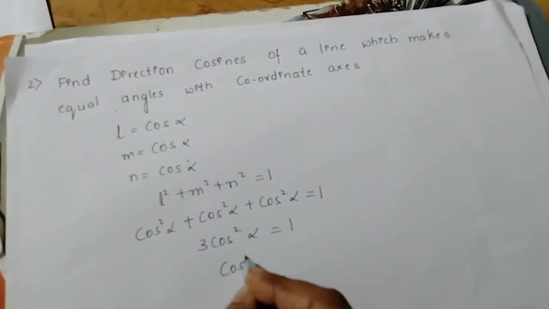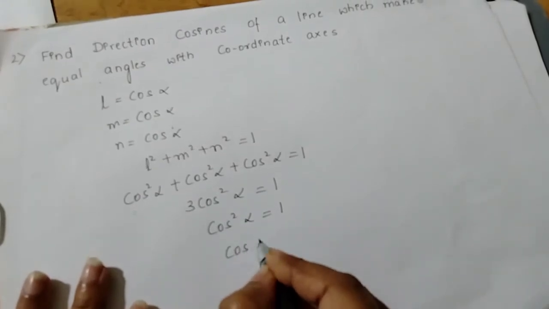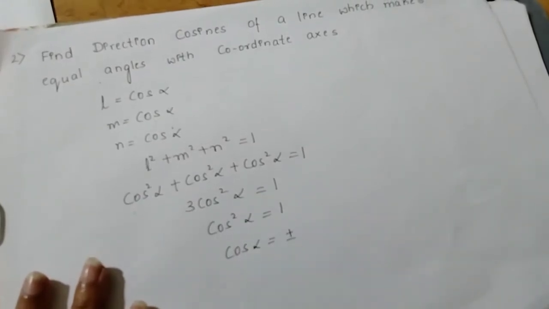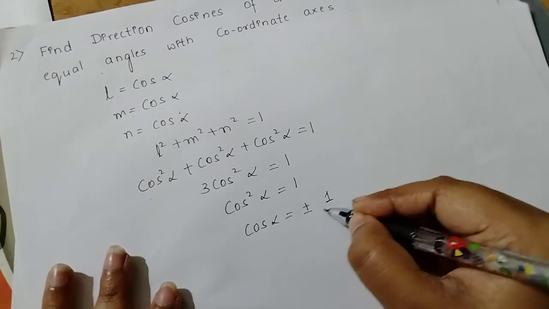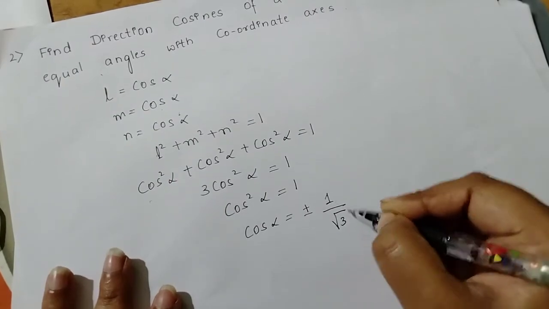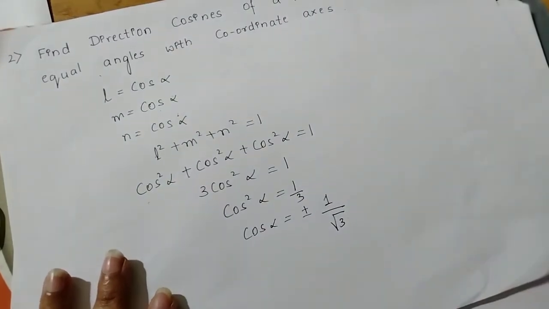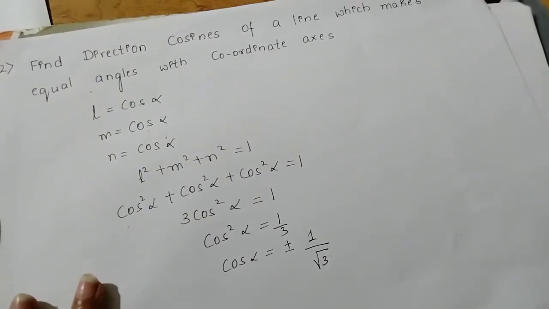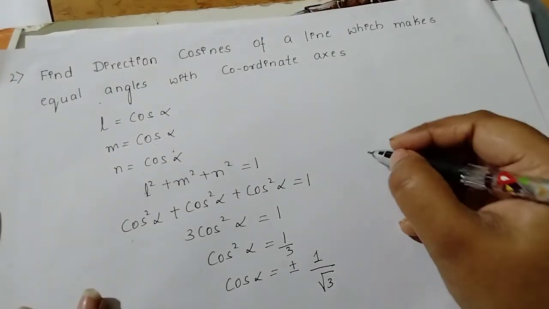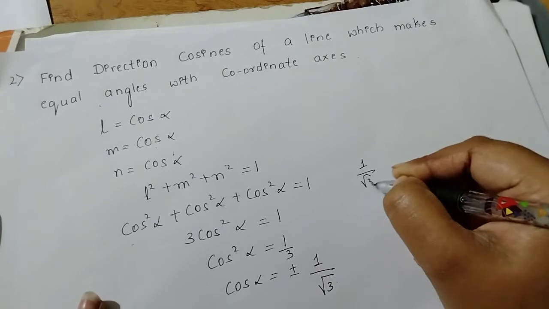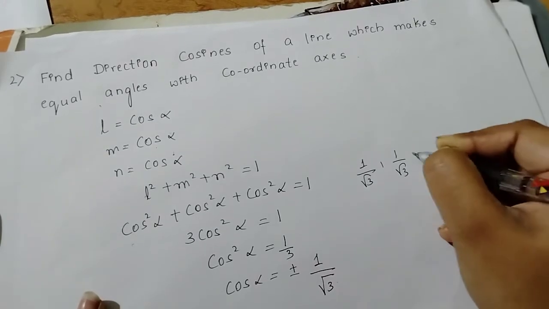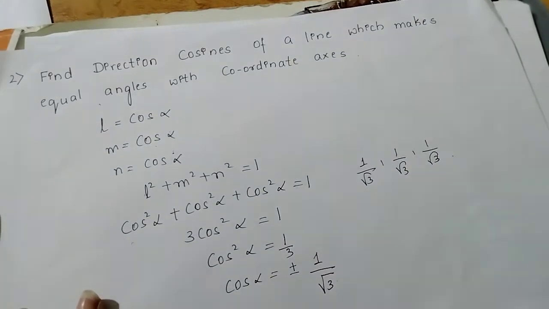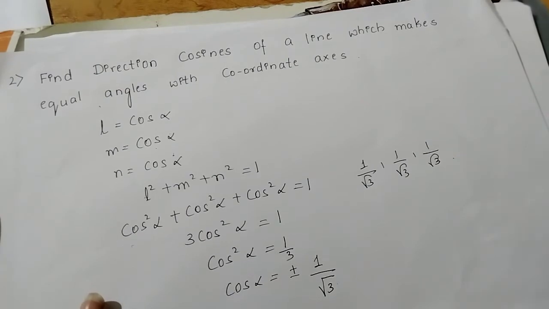So cos square alpha is equal to 1 by 3, which implies cos alpha is equal to what? Plus or minus 1 by root 3. Okay. So what it is making? 1 by root 3, 1 by root 3 and 1 by root 3, or minus 1 by root 3, minus 1 by root 3, minus 1 by root 3.